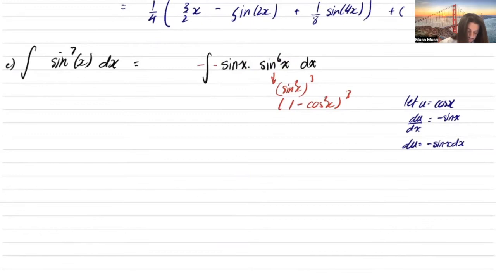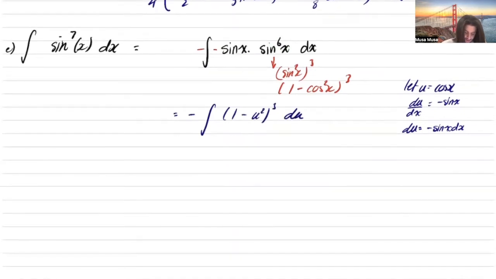I need a negative, I'll chuck a negative there and there. This gives us minus the integral. That minus sine x dx goes away, and then you end up with 1 minus u squared to the power of 3 du.